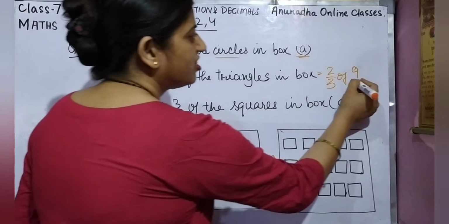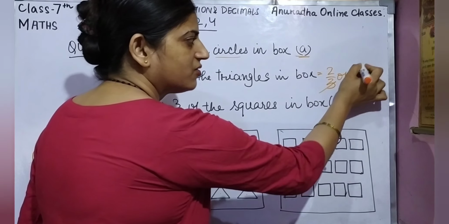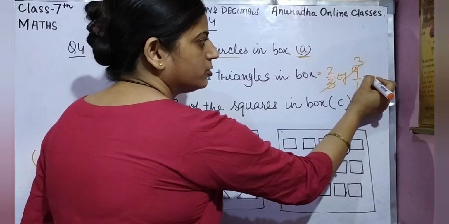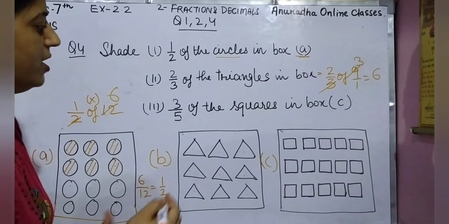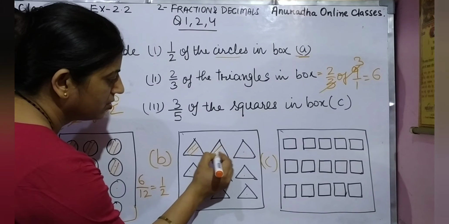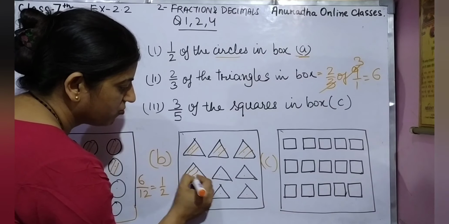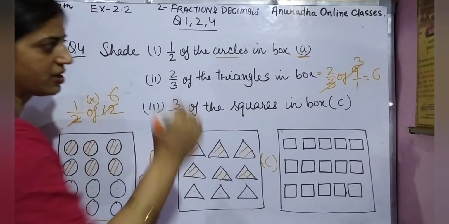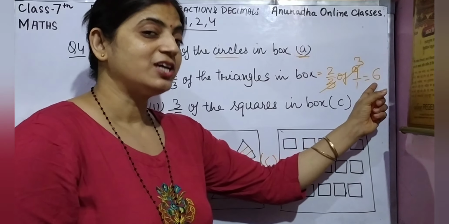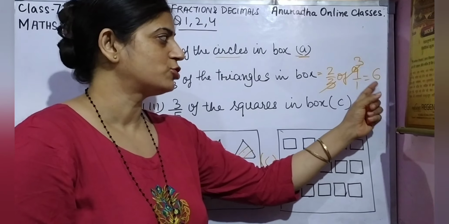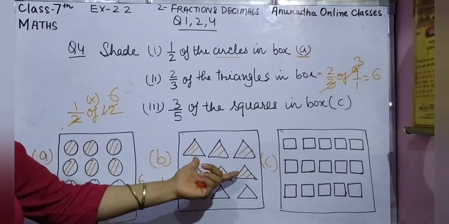Multiplication. So 3 की टेबल में 3 3s are 9 होता है. So 2 3s are is 6. So how many you have to shade? 6 triangles. 1, 2, 3, 4, 5 and 6. So firstly you have to find out कि आपको कितने shade करने हैं. How many you have to shade? That is 6. So shade the 6th one.